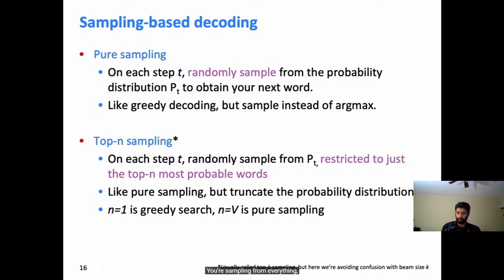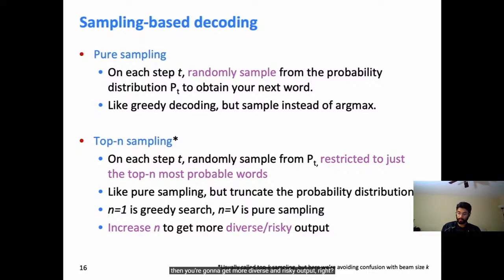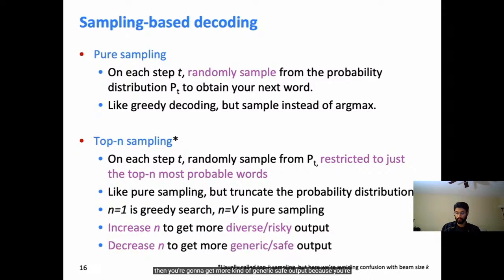You're sampling from everything, and that's just the pure sampling method. It should be clear that if you increase n, you're going to get more diverse and risky output, because you're giving it more to choose from, and you're going lower into the probability distribution, into less likely things. And if you decrease n, you're going to get more generic, safe output because you're restricting to the most high-probability options.